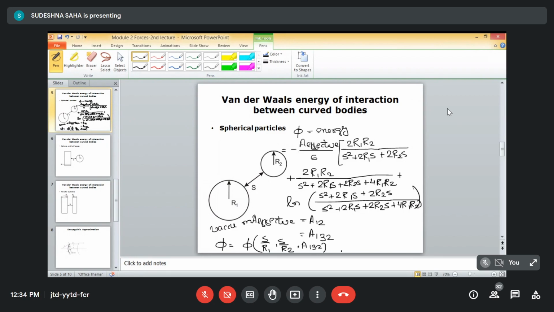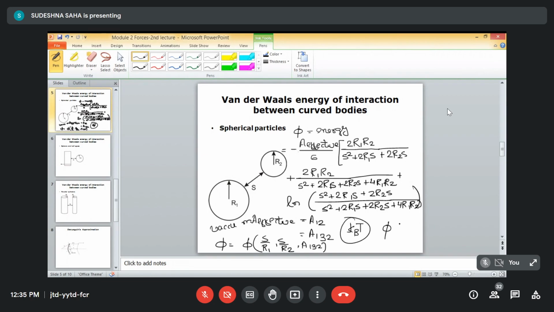Okay, but in a real system, whether the energy of interaction is sizable or not basically depends on its relative magnitude as compared to the thermal energy per Brownian particle. That means it basically depends on the KBT that we have written previously. Okay, so this is directly related to KBT.